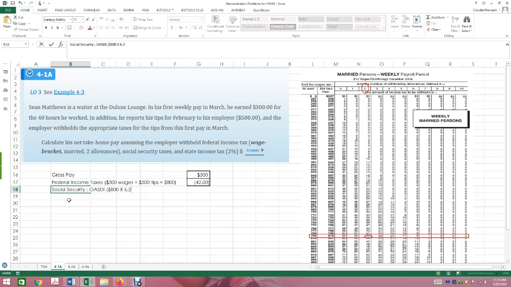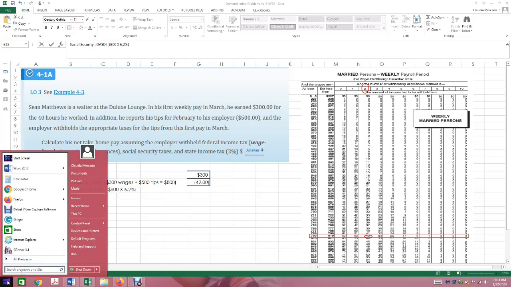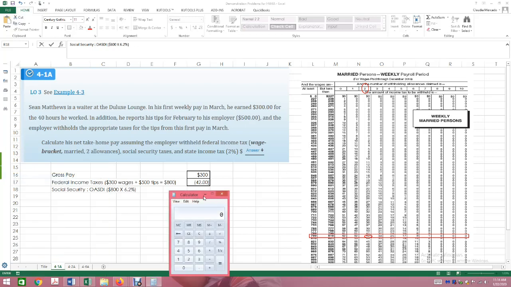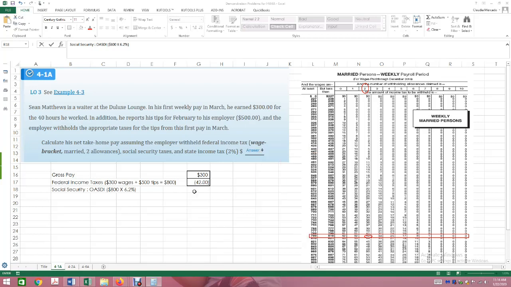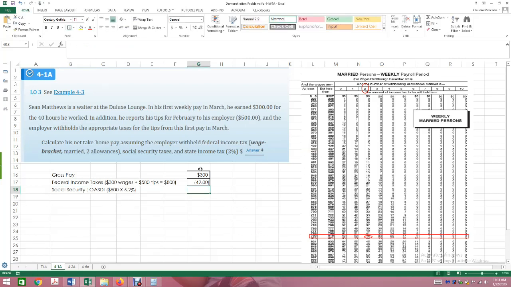My OASDI rate is 6.2%. Let me get my calculator. That's $800 times 6.2%, which gives me $49.60. So I'm going to deduct $49.60 from my employee.